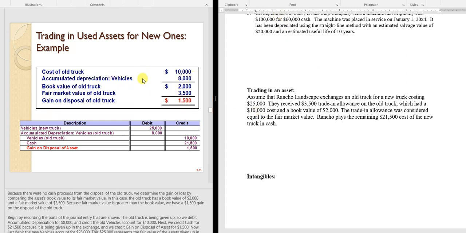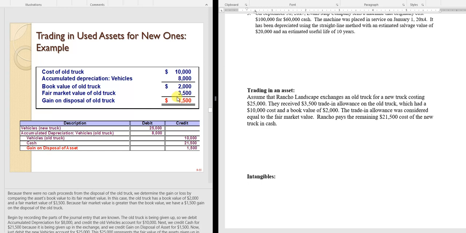My accumulated depreciation on the old truck is not given, but it has a book value of $2,000, so I know my accumulated depreciation must be 8 because the book value is 2. So that's what my old truck is on my books for. I received basically a $3,500 trade-in allowance, so I have $3,500 here. So I made a gain on the disposal of the truck.